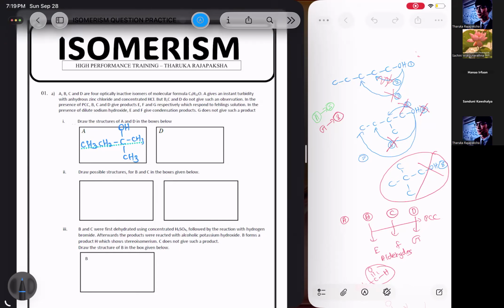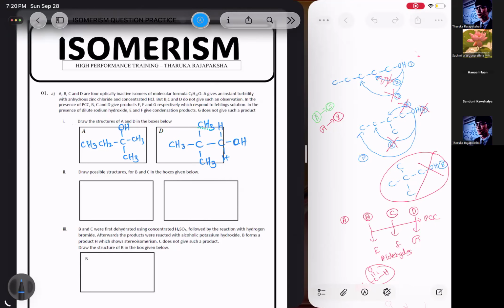And then G. D comes from G, so D is going to be the eighth structure. CH3, C, OH, make the OH attached, and here CH3, here CH3. People, if you miss one hydrogen atom in this structure, you're going to get it wrong.